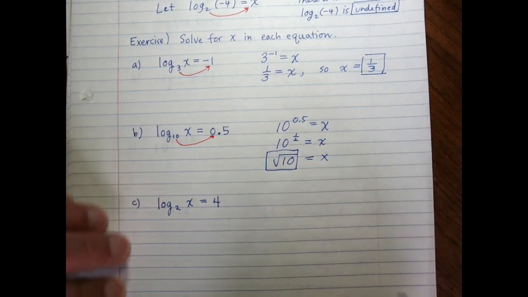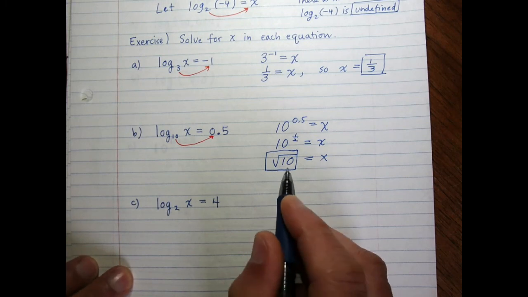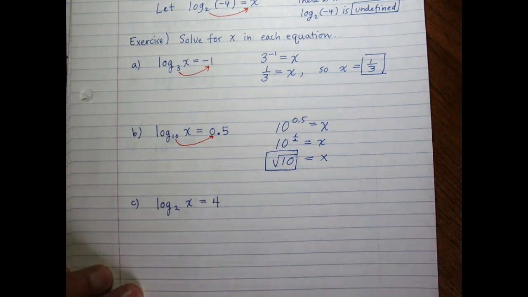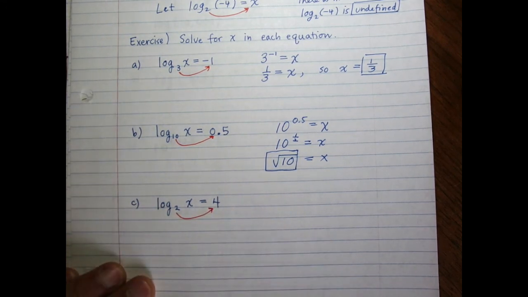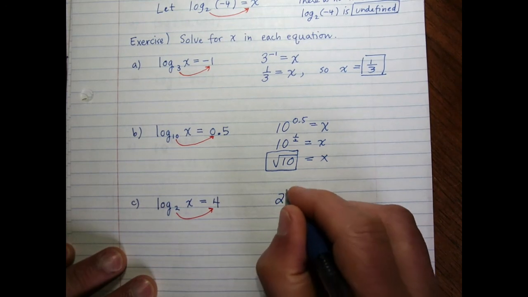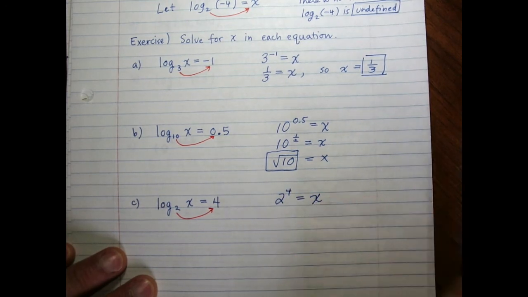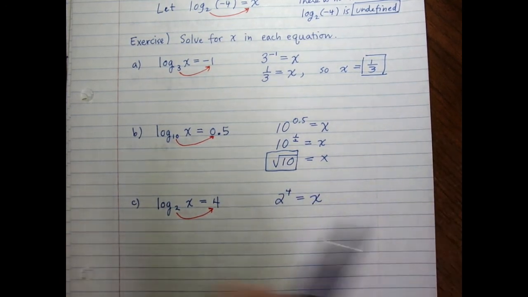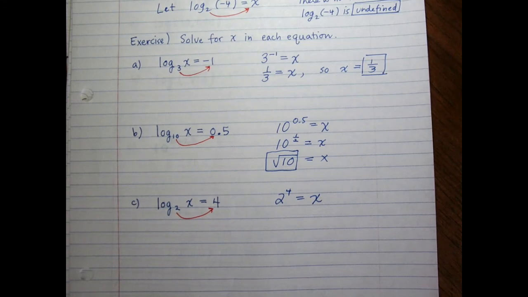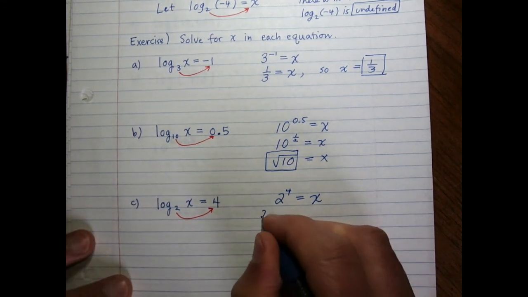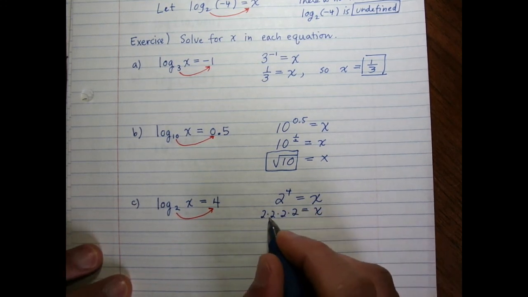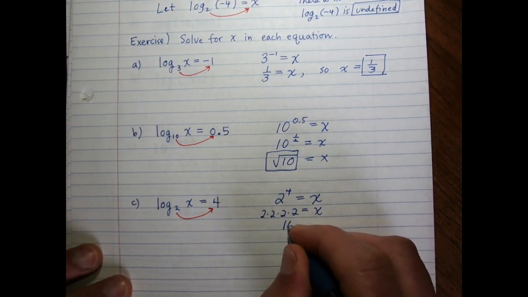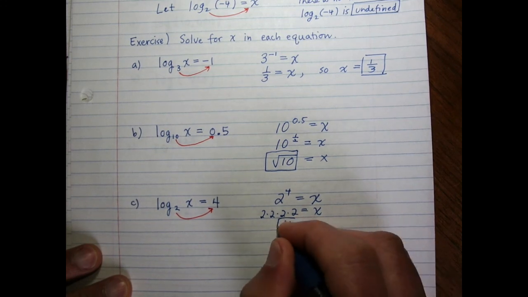It's a little bit easier to think of that as the positive square root of 10 is x. One more. 2 to the 4th power is x. Again, I've got my x solved for already. 2 to the 4th power is 2 times 2 times 2 times 2. 4, 8, 16. 16 is equal to x.